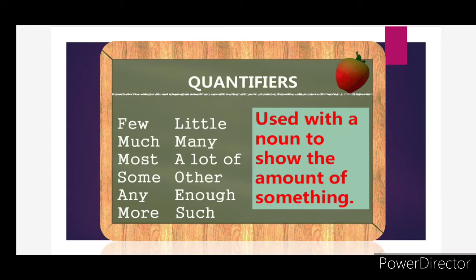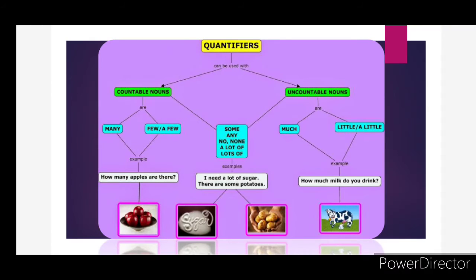All these are examples of quantifiers. Used with a noun to show the amount of something. So again, we use all these before a noun, and these are also examples of determiners. Let's study quantifiers in detail now.